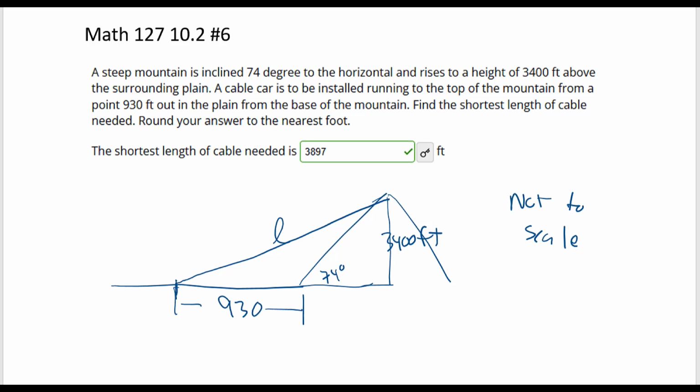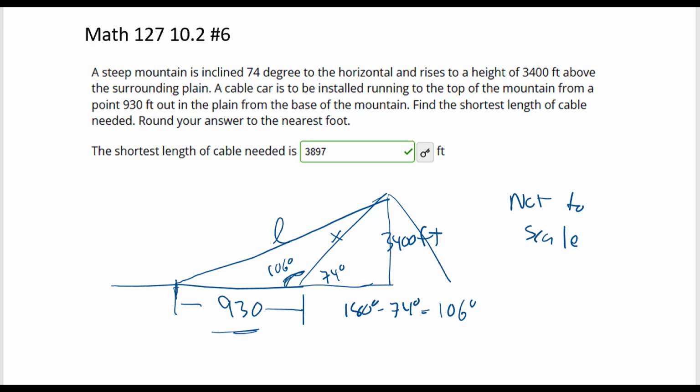I don't know what to call it, X. If we have that side and this angle, well, this angle is easy to get. That's 180 degrees minus 74 degrees, which is 106 degrees.